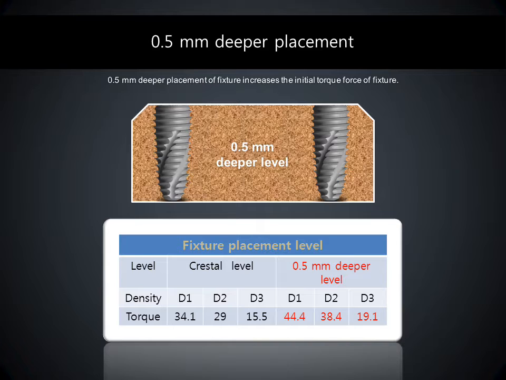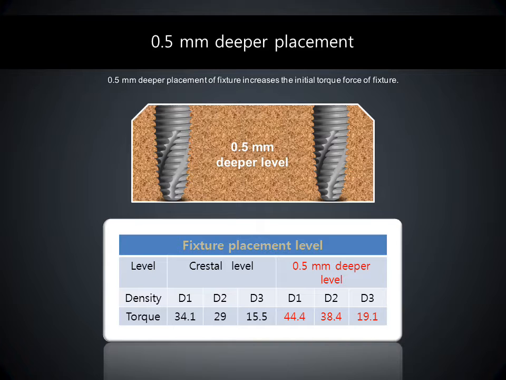The Inno implant system maintains a 0.05 to 0.1 mm gap over the whole surface to prevent compressive bone necrosis and increase fixture stability. The 0.5 mm deeper placement of the fixture in the stepped drill hole decreases the gap and increases the initial torque force of the fixture.